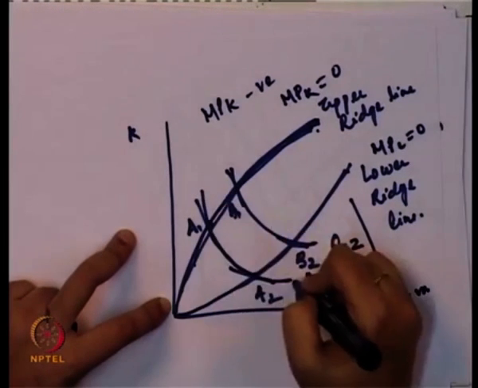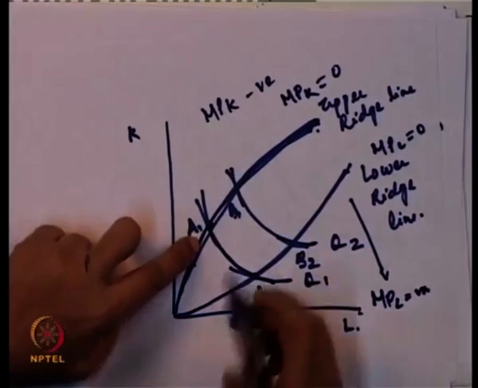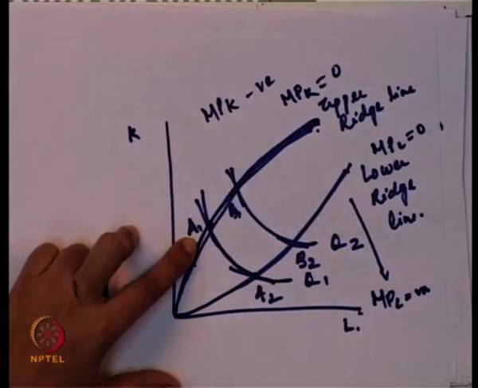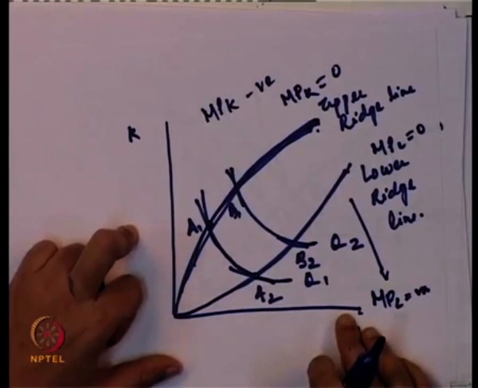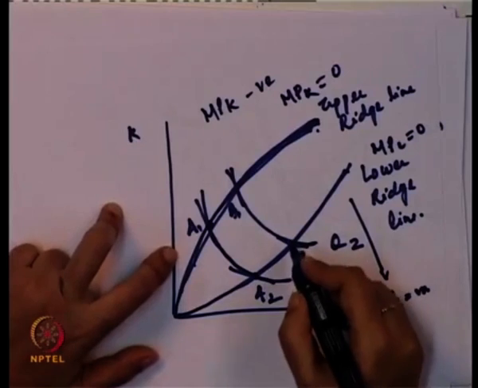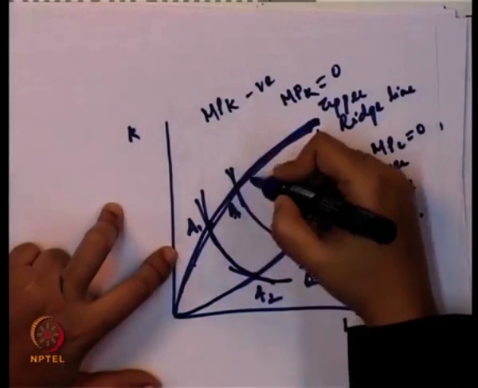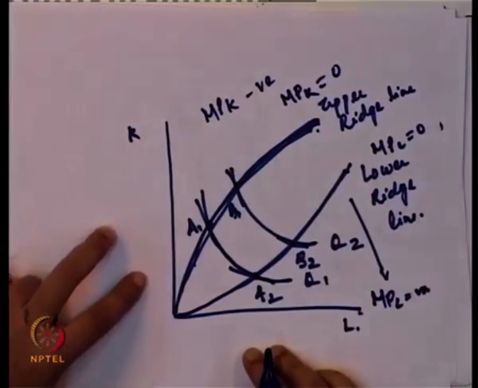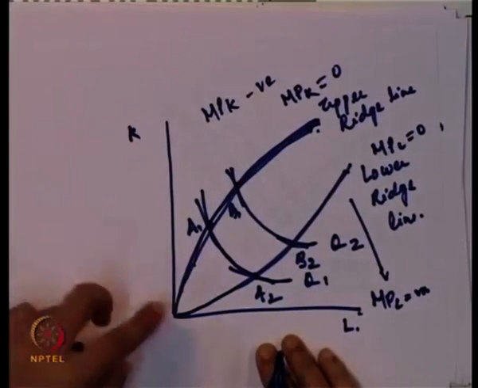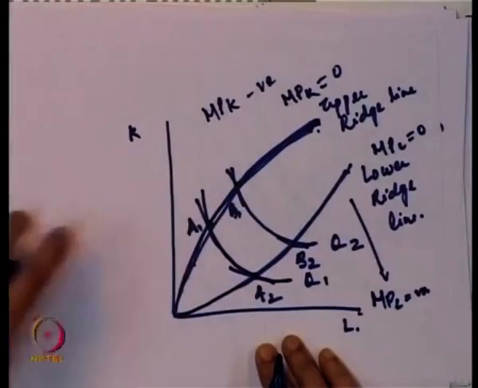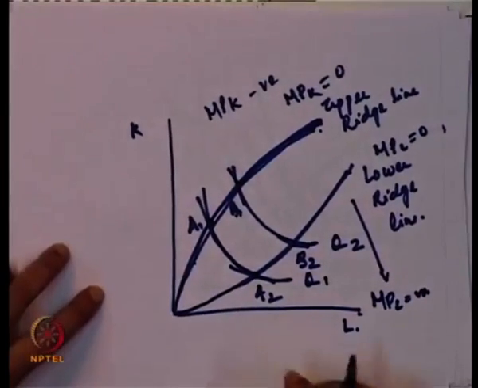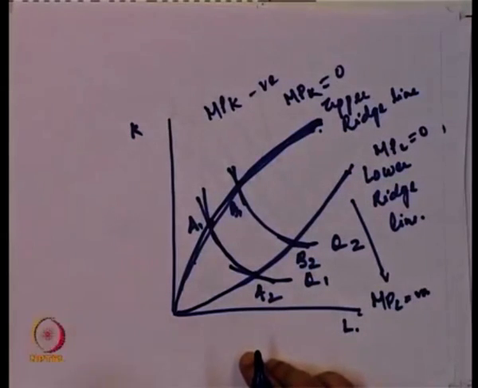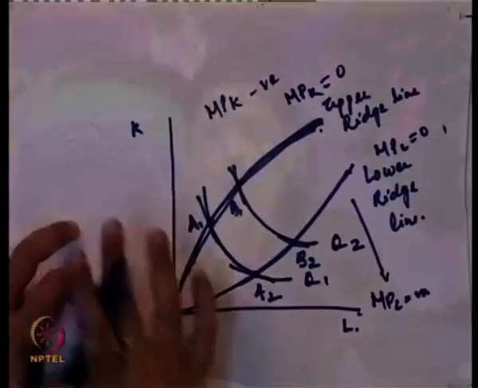For isoquants Q1 and Q0, A1 and A2 is the range where inputs can be substituted for one another. Similarly, for isoquant 2, between points B1 and B2 inputs can be substituted for one another, and this range is generally known as the efficient range of production, because beyond this point you are using more input but still producing the same level of output.